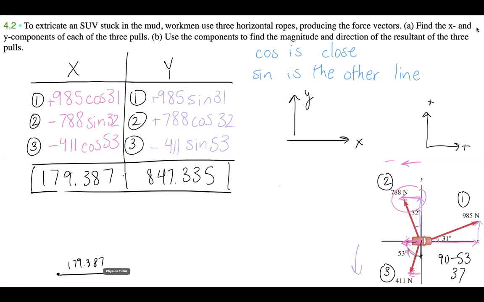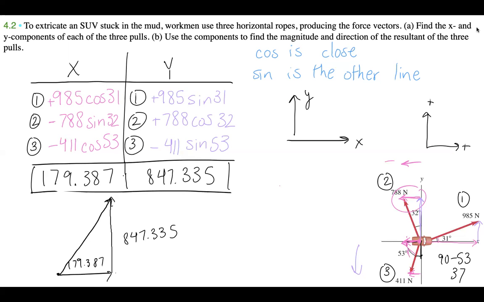And I'm going to draw like a little tip there, okay? And now we're going to do tip to tail, and we're going to draw 847.335. Okay, just imagine that, I'm going to redraw that. But just imagine that this goes exactly, there we go. I drew it well this time.